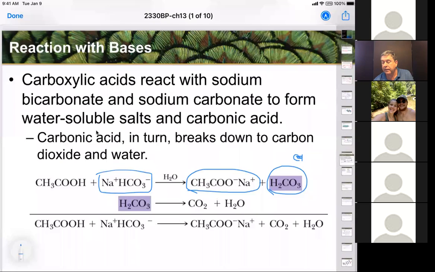If you look at it, carbonic acid is symmetrical because it has an OH here and an OH here. The only problem with carbonic acid is that it's not very stable and it decomposes into CO2 and water. What you might know is that in carbonated beverages, the actual material that's dissolved in the water is carbonic acid.